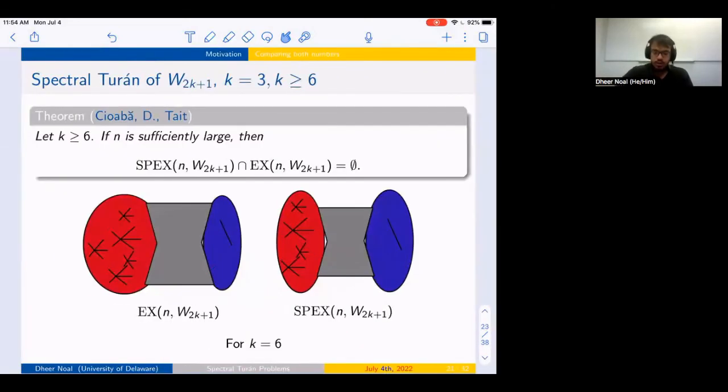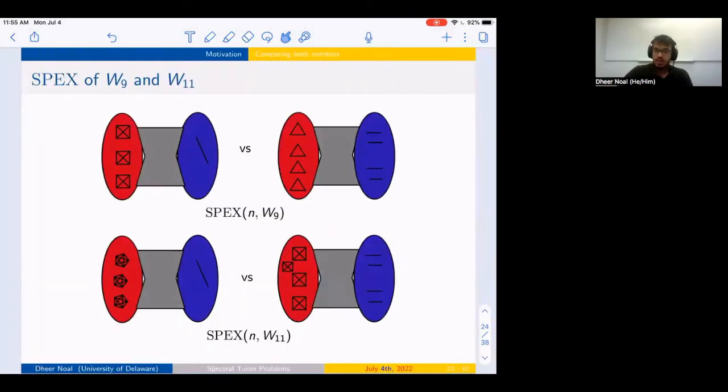Okay. So when k is equal to 3, again, we would have equality because the parts end up having equal sizes or almost equal sizes, I think. But for k equals 4 and 5, the question is still open, and that is because one of our lemmas didn't go through.